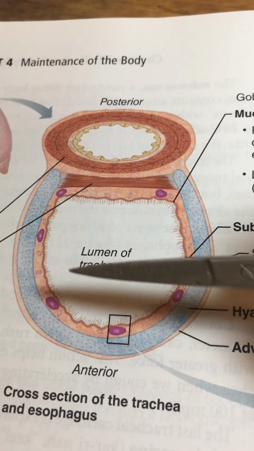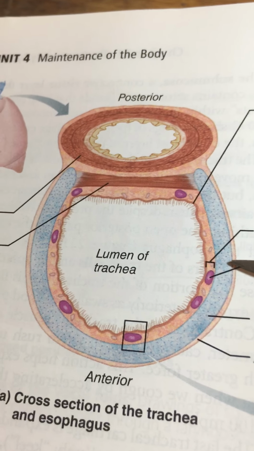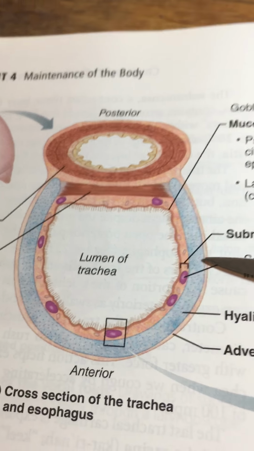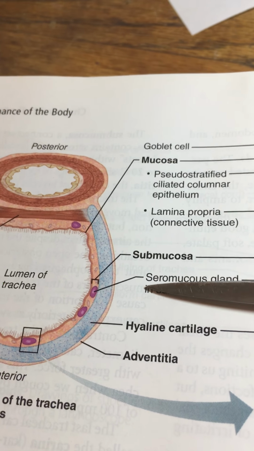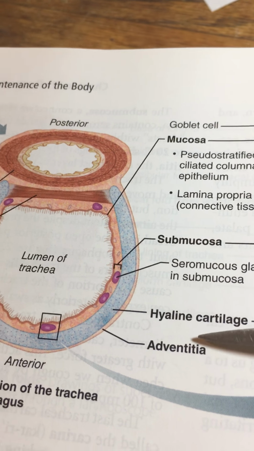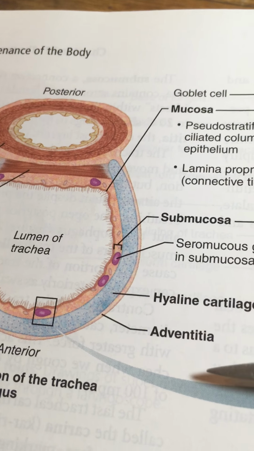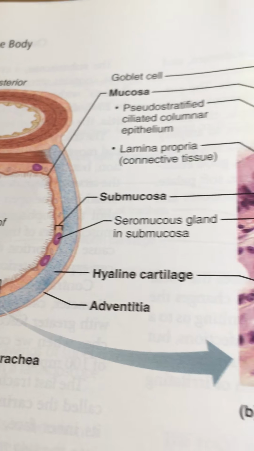Here we have the trachea. Notice that it has a lot of cartilage associated with it, and it's got these, shall we say, 4 layers. We have the mucosa, the submucosa, the hyaline cartilage or muscle at this layer, and the adventitia, the outer layer.